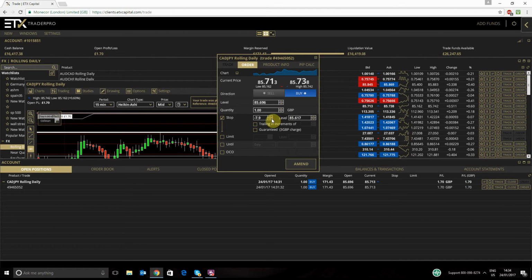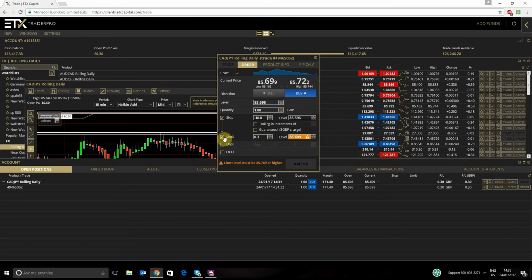I'm risking 10 points, so this should be my risk right here. I'm risking 10 points for this trade. So if 10 points is my risk, how much should my reward be? My reward should be at least 2 times greater than my risk.